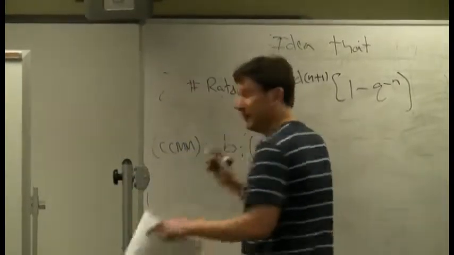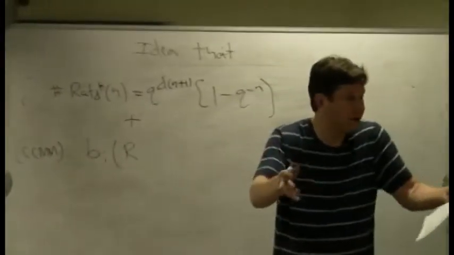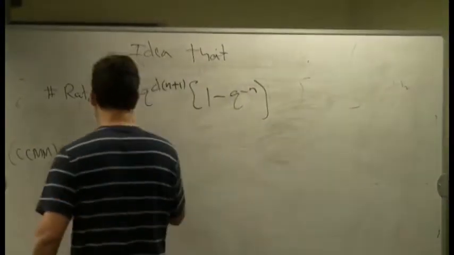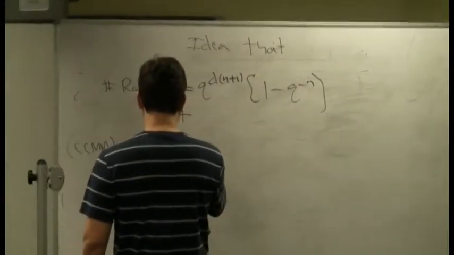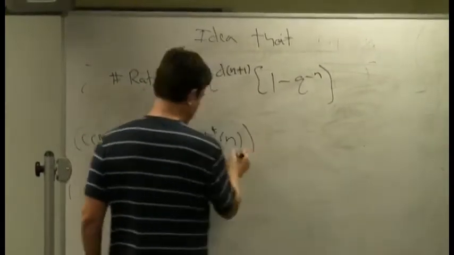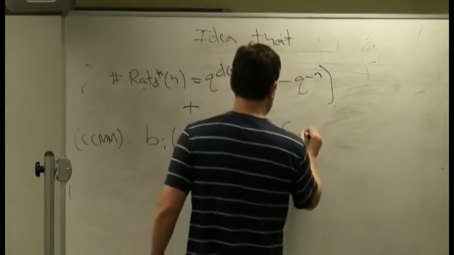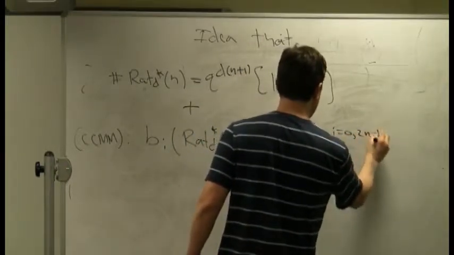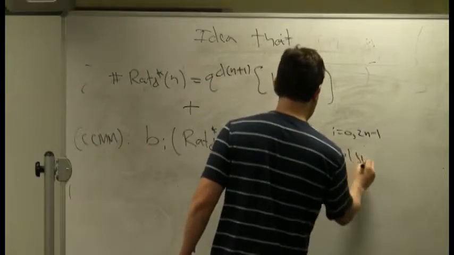And what's great is I didn't even tell you what étale cohomology is, but you can still compute the weights just like we did. B of Rat_d star, the space of holomorphic maps from P1 to Pn, they show the Betti number is 1 if i is 0 or 2n minus 1, and 0 else.